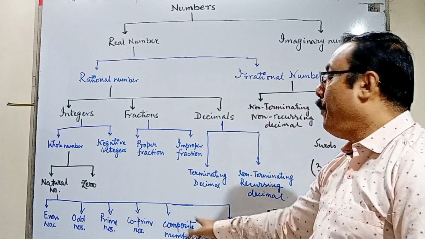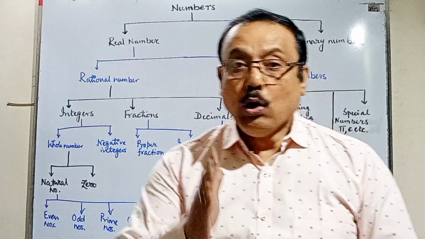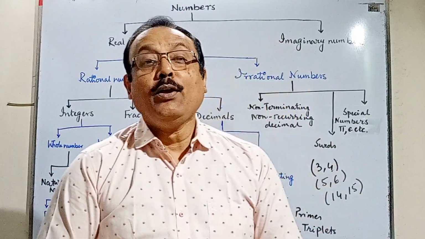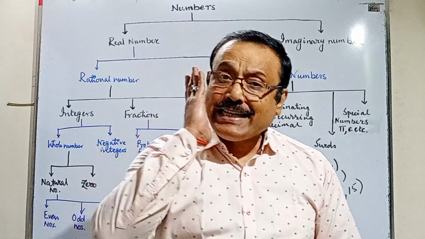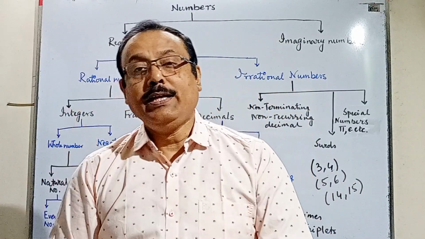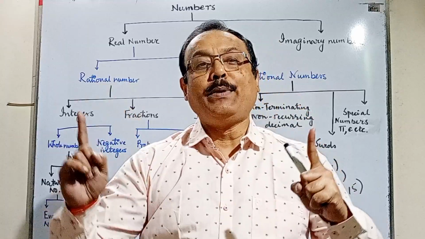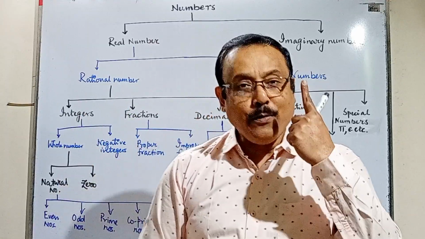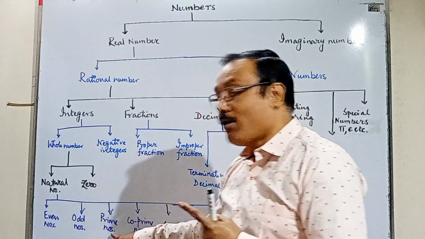Next is composite numbers. What are composite numbers? Composite numbers are those numbers which have at least one factor more than 1 and the number itself. Any number which is divisible only by 1 and the number itself is called a prime number.